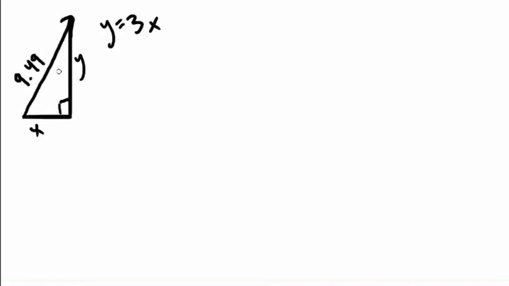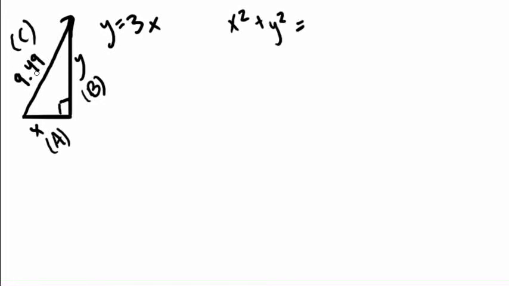It's a triangle, so I can use Pythagorean theorem, which is a squared plus b squared equals c squared. Happily. Alright. And our hypotenuse is 9.49, which squared is approximately 90. Alright, so I've got two equations.